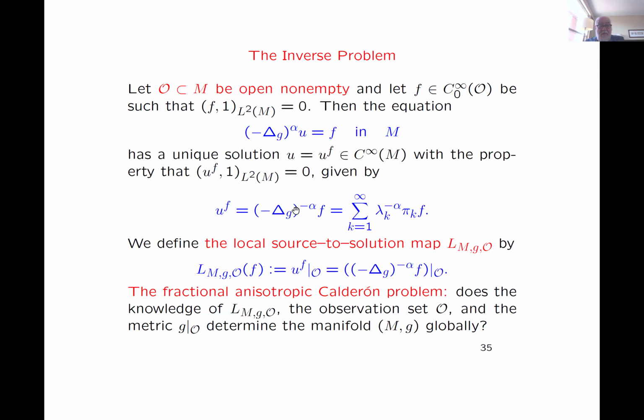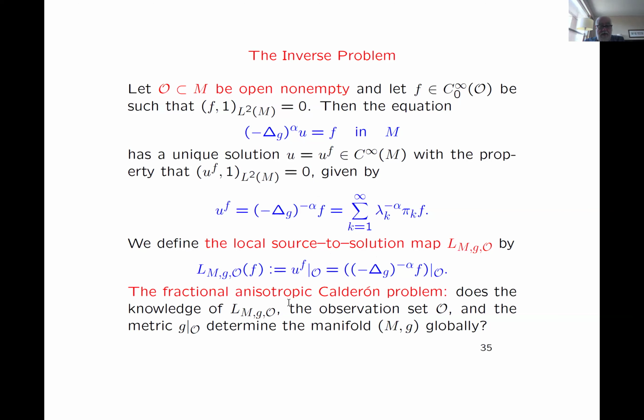Yes, it's essentially Fourier series. We solve here, and we define the source to solution map. So we have data F supported in this open set, which can be arbitrarily small. It's any open non-empty set of the manifold, and we define the solution of the equation in these open sets. So this is the source to solution map.